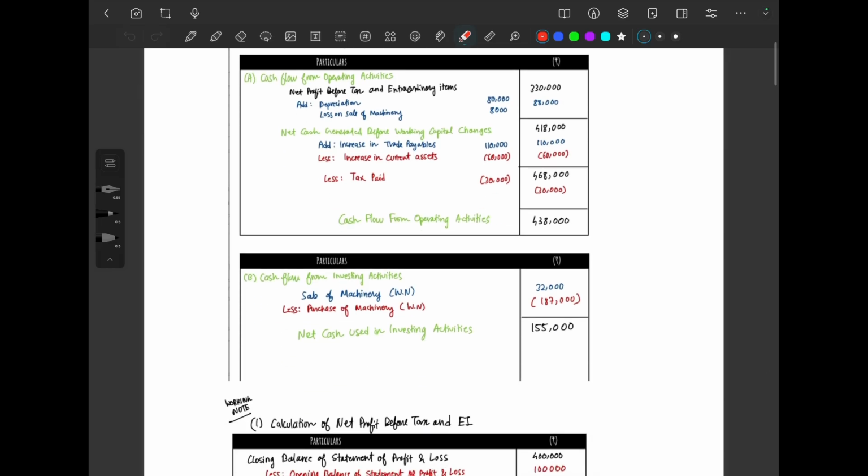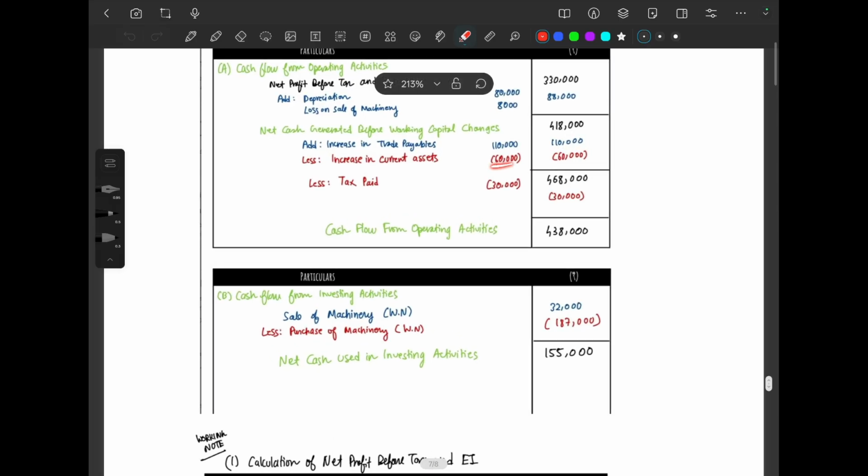You get the step marking for this. So you should not skip it at all in the exam, it carries 1-2 marks, so it is good that you cover it. Even if we don't know the question, we can write these basic things. So the increase in current assets was 60,000, so we deduct this. And there was an increase in trade payables of 1,10,000, we add this. And income tax paid was deducted, and we get the operating activity of 4,38,000.